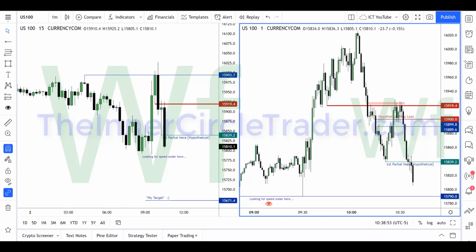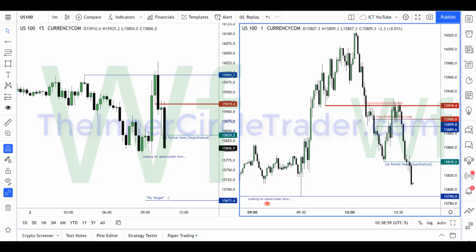The intention is just to show you the price fluctuations and movement using the CFD data with the US 100. But in the States, as a US trader, we would be using the NQ, which is the actual mini futures.